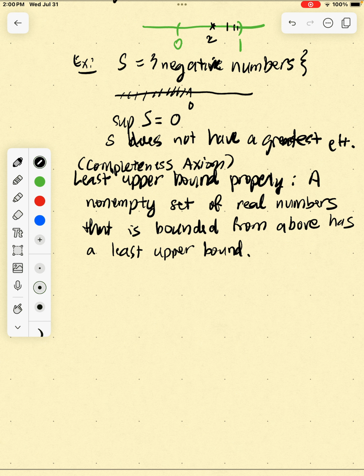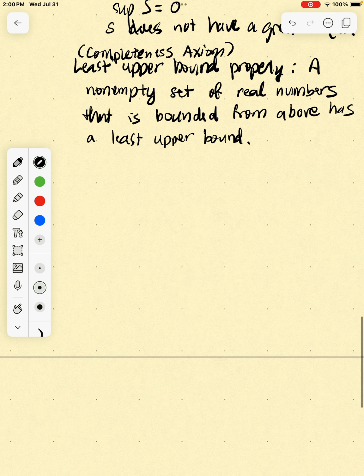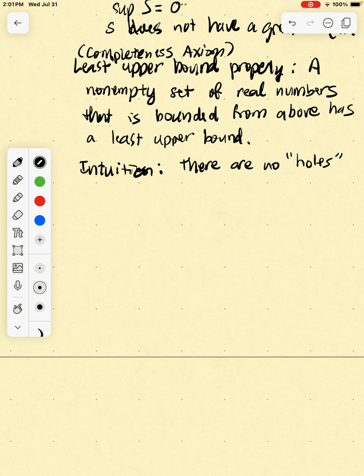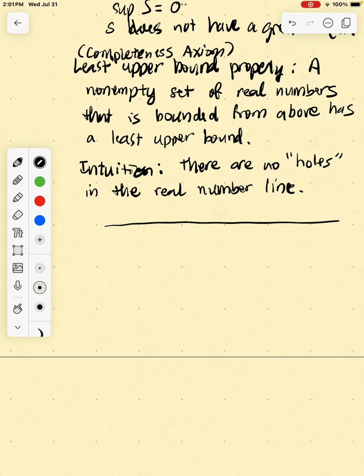So what's the meaning of this statement? Whenever you have a non-empty set of real numbers that's bounded from above, it has the least upper bound. The intuition is that there are no holes in the real number line. Of course, that's not super precise, but here's the number line.